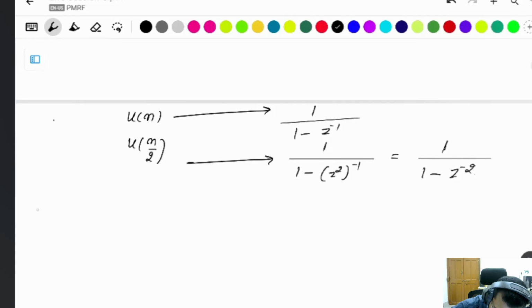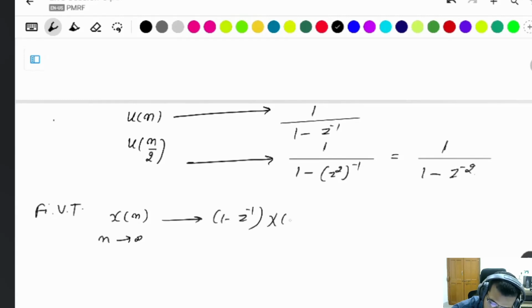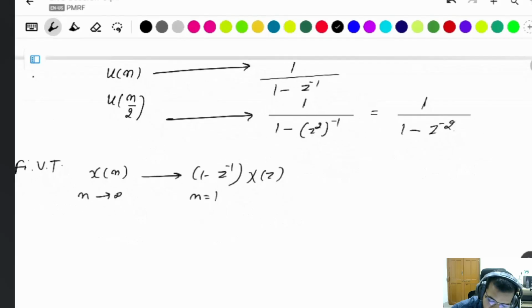Then apply the final value theorem. The final value theorem says x[n] as n tends to infinity equals, in the z domain, the limit as z tends to 1 of (1 minus z inverse) X(z).